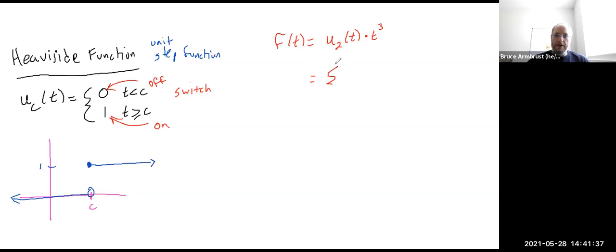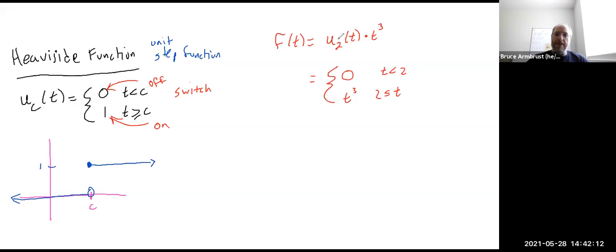We could instead write this as a piecewise function. It was 0 until we got to 2, and then this becomes 1, so we get 1 times t cubed, which is t cubed. So multiplying by the Heaviside function is the same as turning on that function. That's why I think of this as a switch.